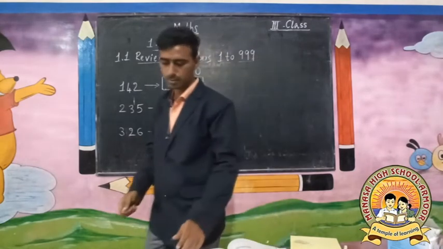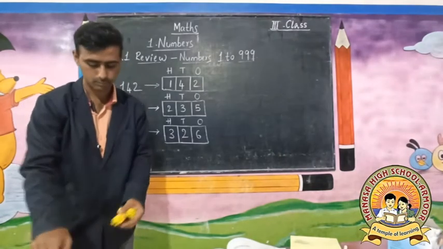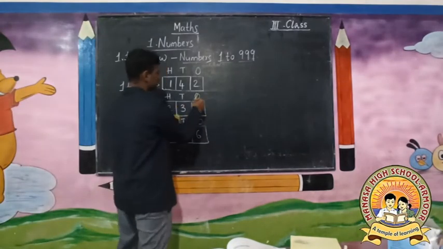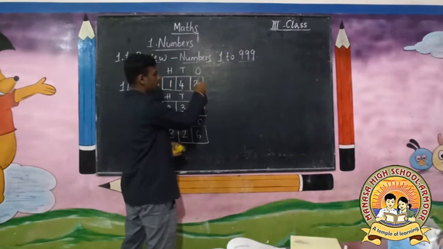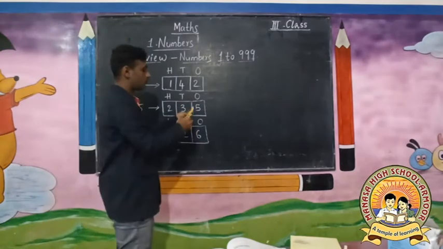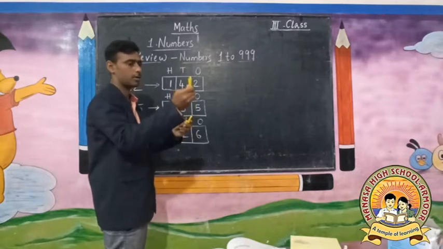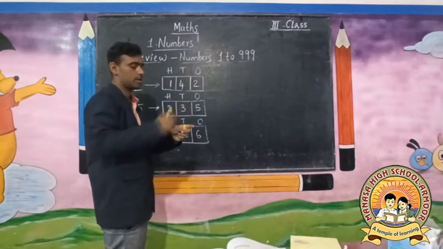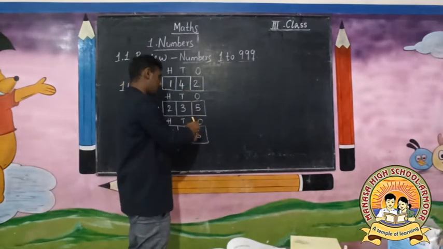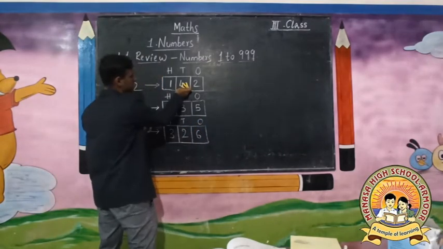I will show you children here. Look at here. These are 2 ones. I am writing here 2 ones. And then after here take 2 ones. Then after that take 1, 2, 3, 4. Take 4 tens. 2 ones and here 4 tens.